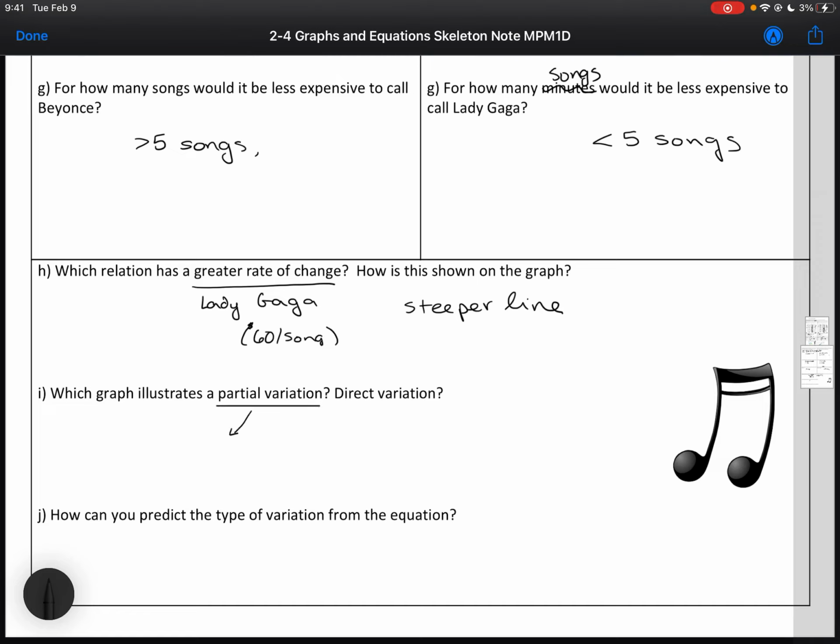A partial variation is one that doesn't start at 0. So this would be Beyonce's graph. A direct variation is one that does start at 0. This would be Lady Gaga's graph. And we can predict the type of variation from the equation by looking at the base fee.